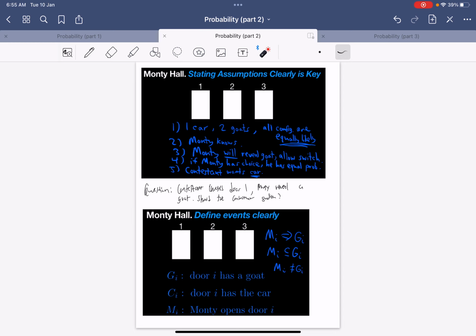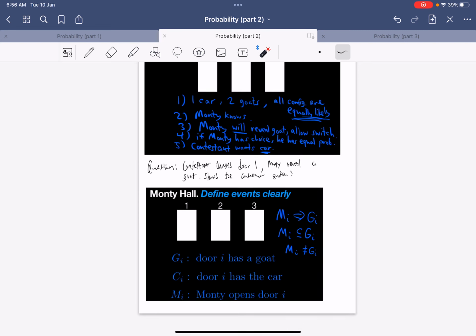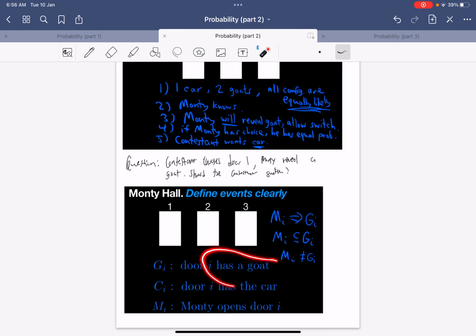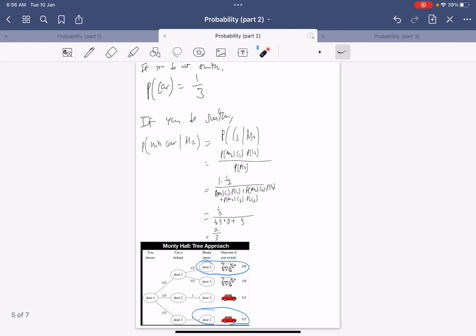So the question is, should the contestant switch? And let's define it clearly that the event that door i has a goat is Gi, the event that door i has a car is Ci, and the event that Monty opened door i is Mi.